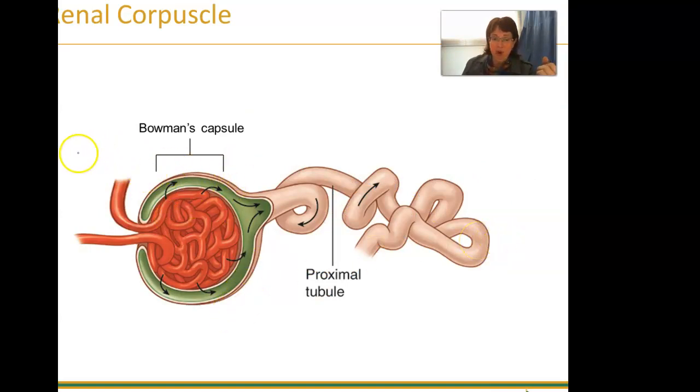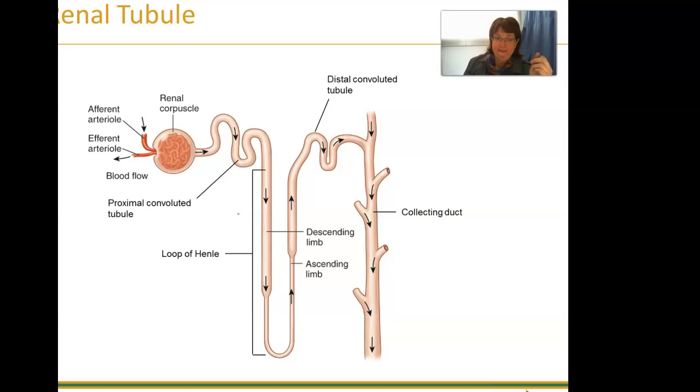So in the Bowman's capsule, or the renal corpuscle, or the glomerular capsule, is where the majority of the material comes off. So renal corpuscle or Bowman's capsule, proximal convoluted tubule, loop of Henle, distal convoluted tubule, collecting duct. Those are the parts.